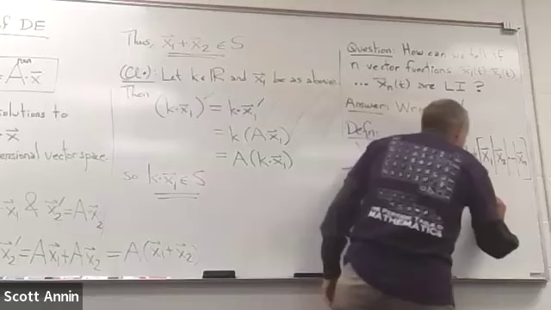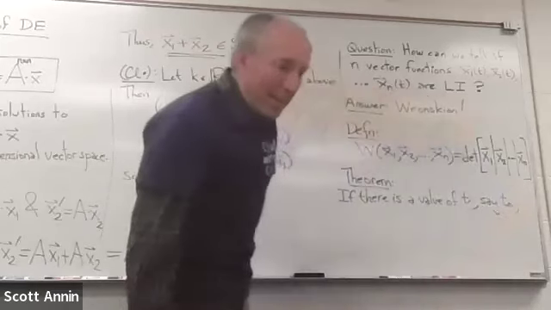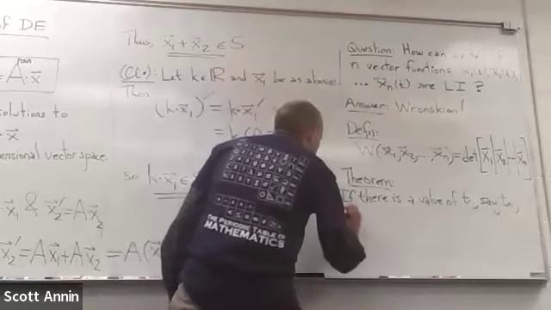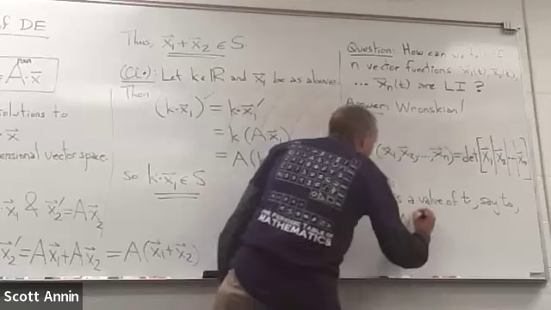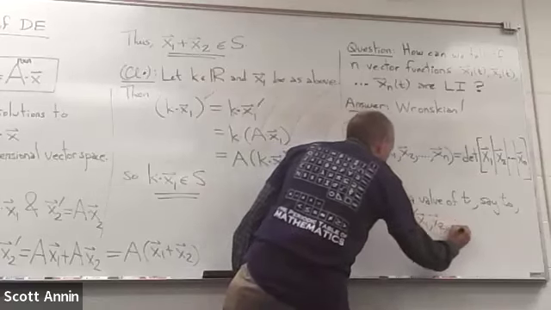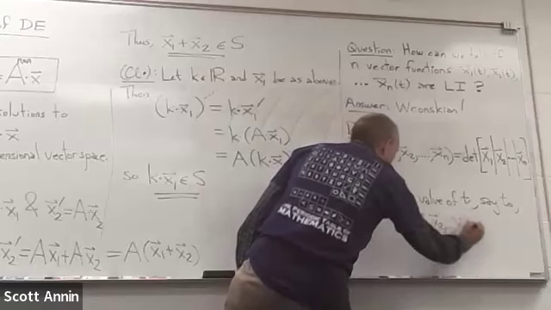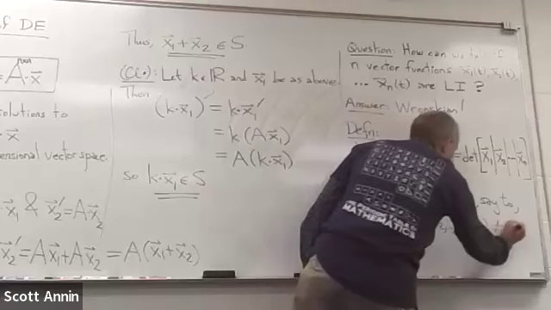If there is a value of t, let's say t naught, such that W of x1, x2, dot, dot, dot, up to xn of t naught is not 0.